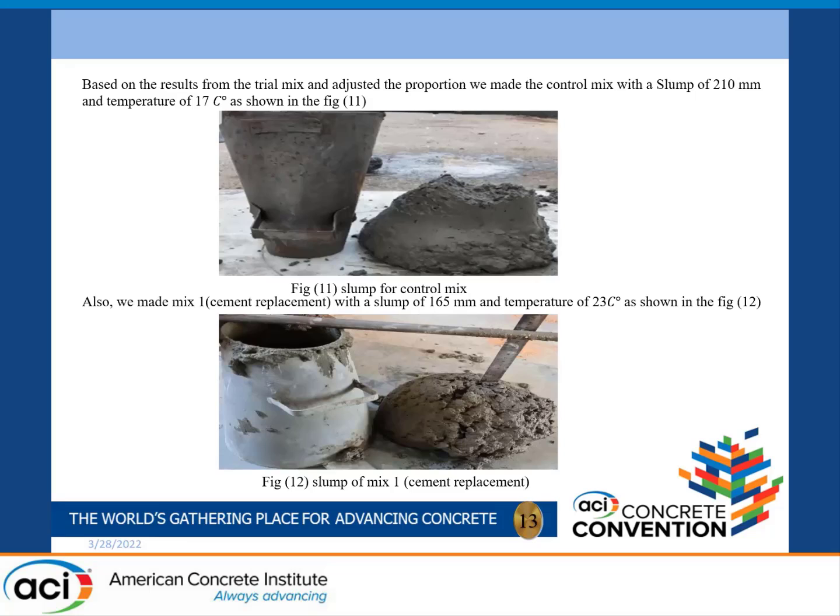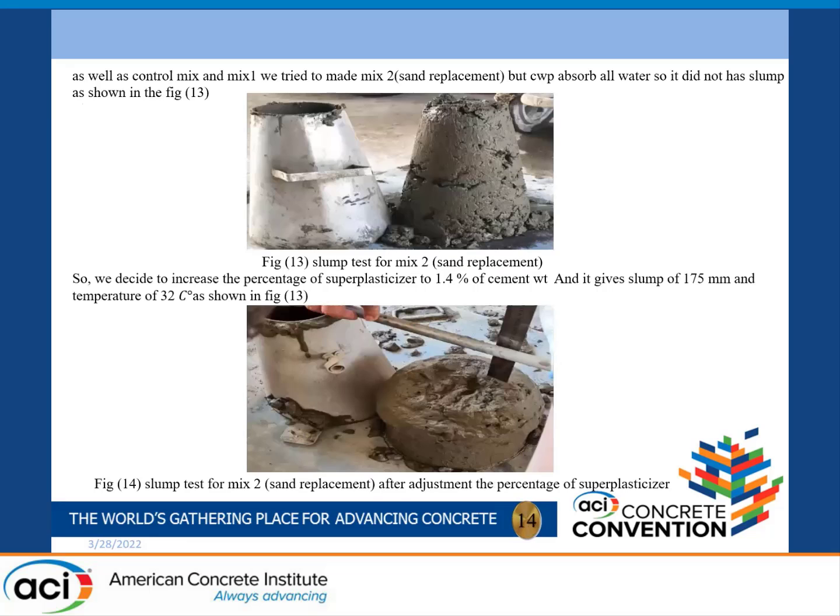After that, we did the cement replacement. Also, it gave us a suitable slump and degree. But the third mixture, which is sand replacement, had no slump. So we decided to increase the percentage of super plasticizer to 1.4% of cement weight, and it gave us a suitable slump and a suitable temperature.